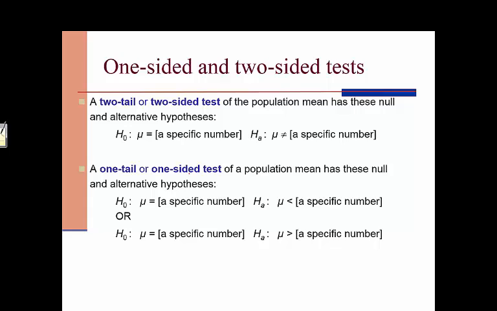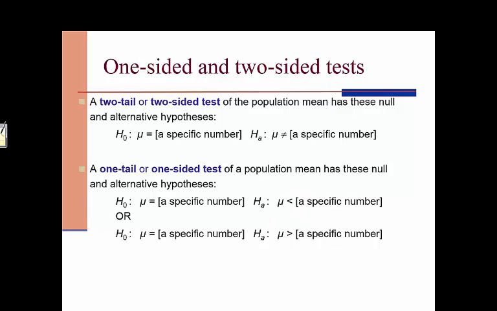Whereas if you do a one-sided test, okay, and the alternative is for less than, well then a number greater than will not break the null hypothesis, and therefore will not make the alternative hypothesis true.